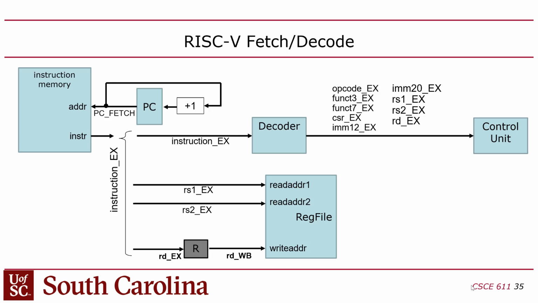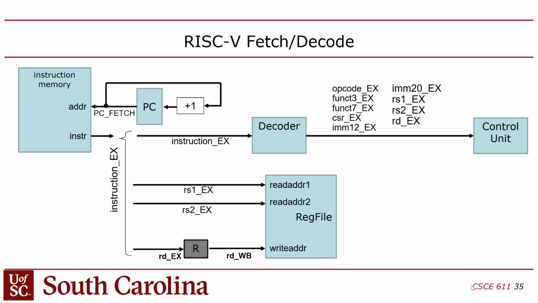And you might say, well, you don't show a PCEX. Well, no, I don't. It's easy. You just put a register, put the PC fetch in one end, and PCEX will come out the other end, because the register just delays for one cycle. So you delay PC fetch to get PCEX, and then you'll have two PCs. One is the next instruction being fetched in your code, and the other is the current instruction address.